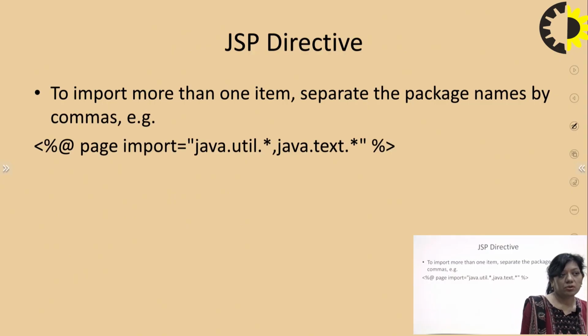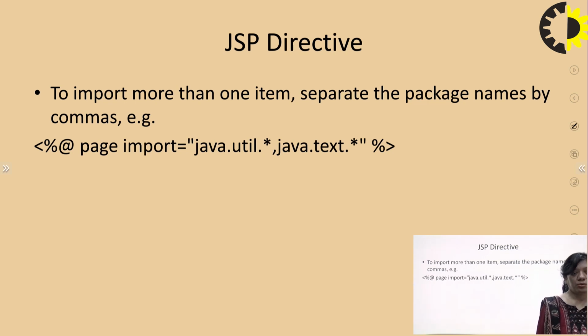So to import more than one item, separate the package names. Suppose we want to import many items, so we have to separate these items with the help of a comma.